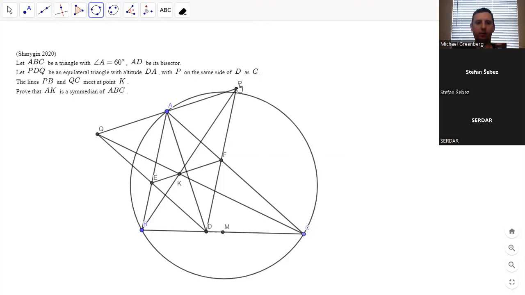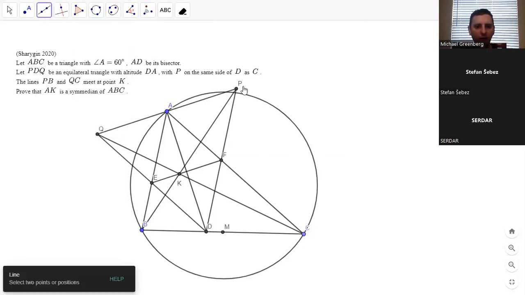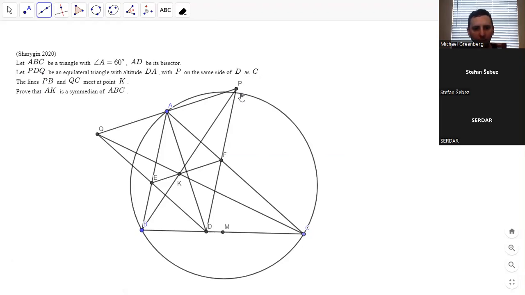So yeah, QEB and PFC are perspective, and so that means PQE... Does that prove that they're parallel? I'm not sure. Let me think. I guess this is not helpful.